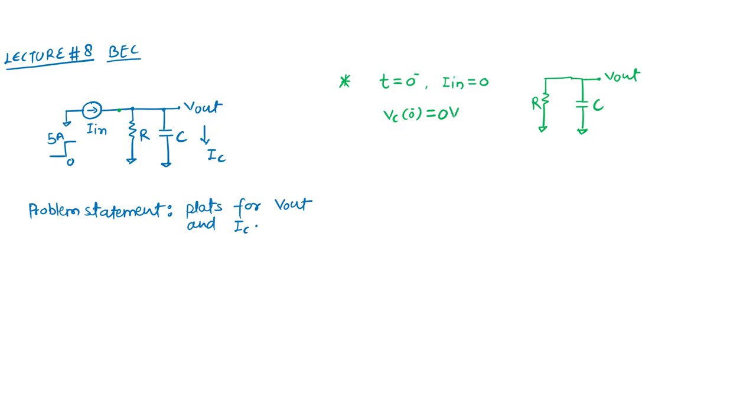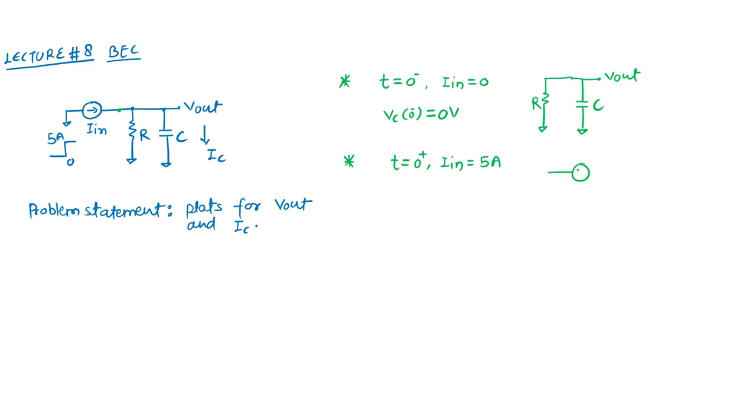Now at t equal to 0, we are applying this step current. So at t equal to 0 positive, my IN is 5 ampere. What is the scenario for the circuit at t equal to 0 positive? We know that a step current is a signal of very high frequency.